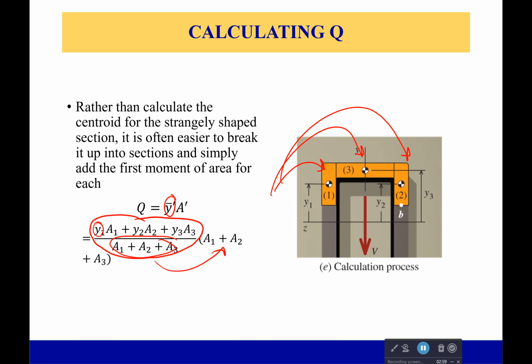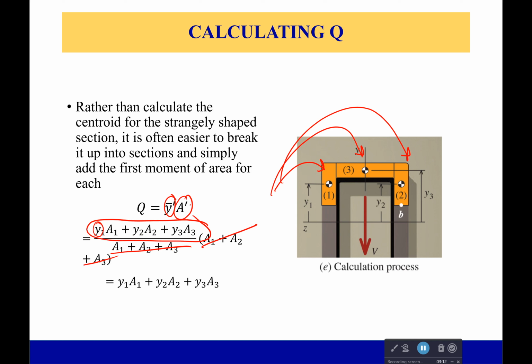Since I'm multiplying by the total area, the bottom and the second multiplication area cancel, and I'm just left with these 3 right here, which makes it so simple. You can more or less just calculate Q for each individual shape and then add them all together. This is the best way. Make a table. We've done tables so many times for other things, and you'll have an absolutely wonderful time with it.